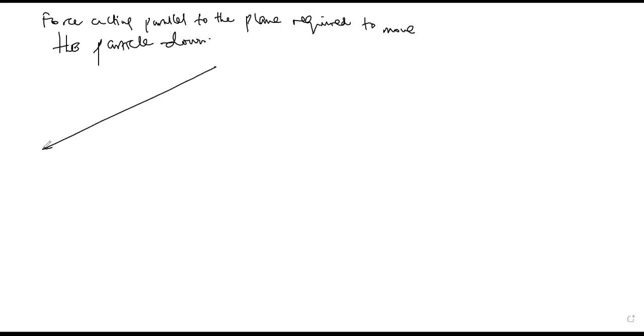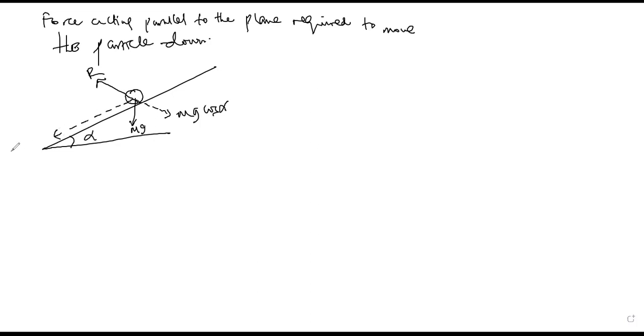Are you seeing that? So this is still my alpha. This is my body of weight mg. This is R. Mg cos alpha.